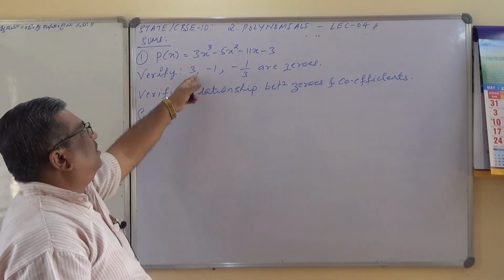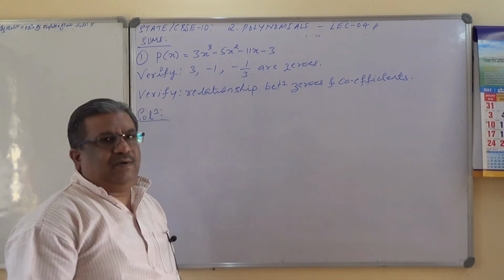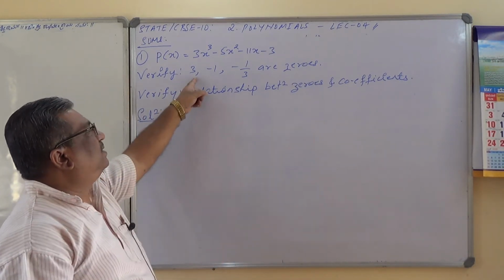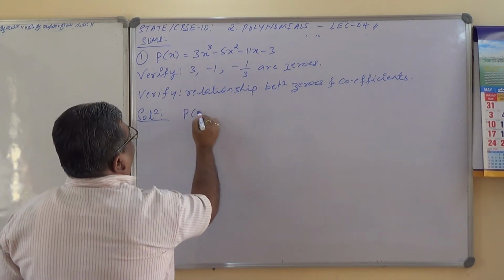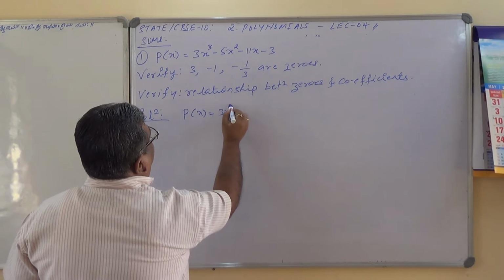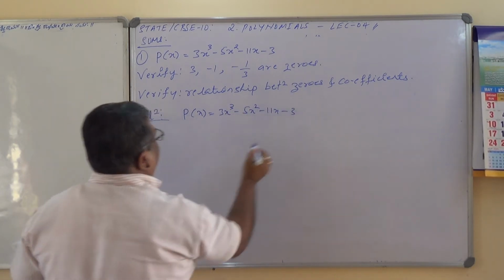Simple. Substitute in the given polynomial. If it reduces to 0, then the particular value is a zero. For example, let p of x equal 3x cube minus 5x square minus 11x minus 3.